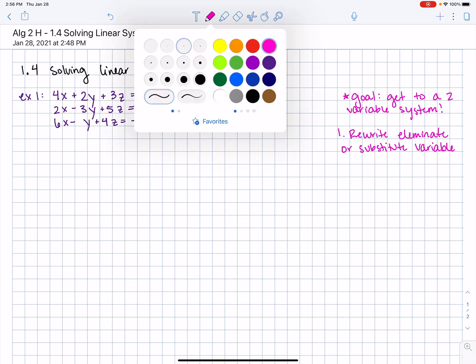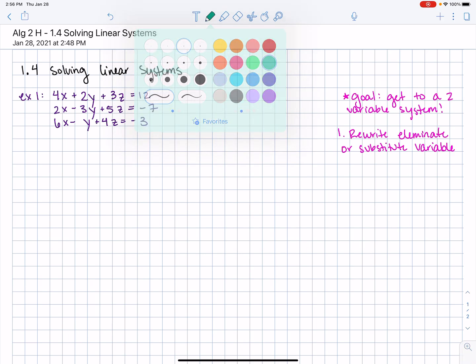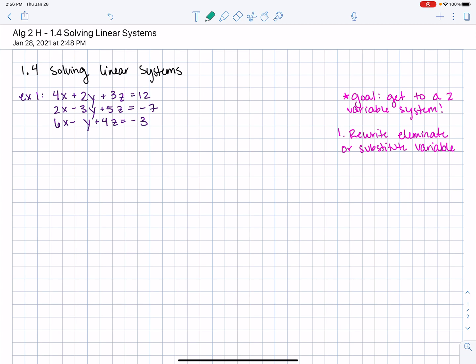Oh, I've already used pink. Let's use this green here. So we're simply going to write our first equation, 4x plus 2y plus 3z equals 12. This is equation number 1. Then we're going to take the second equation and multiply it times negative 2.